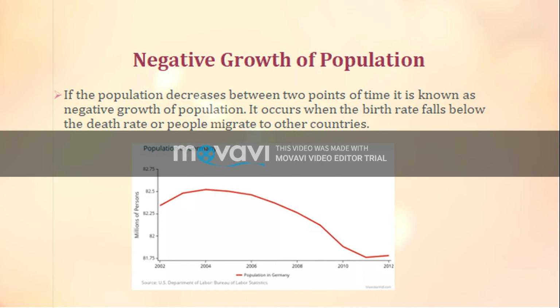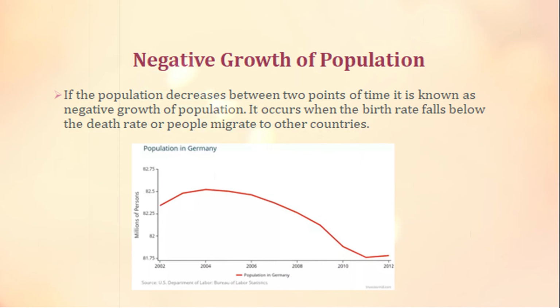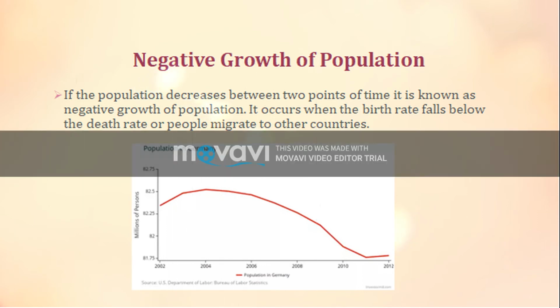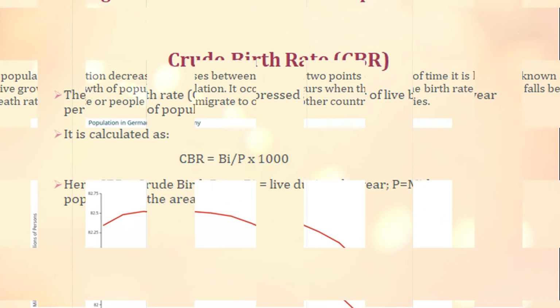For example, Germany. In case of Germany, the population in 2002 was more than 82.25 million. But after 10 years, we can see the population falls below 82 million. Hence, Germany recorded a negative growth of population due to its low birth rate.